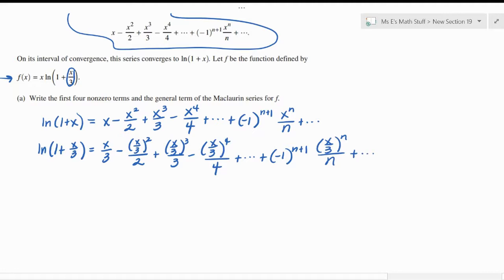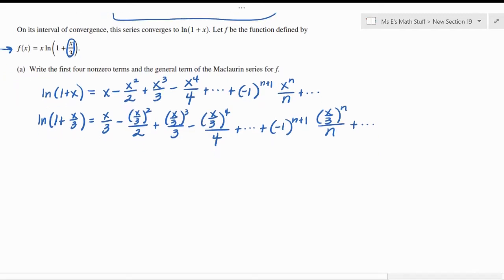It could look like that, or you could simplify each of the x over 3 to powers and clean it up. So either way, I'll show two versions of the final answer.